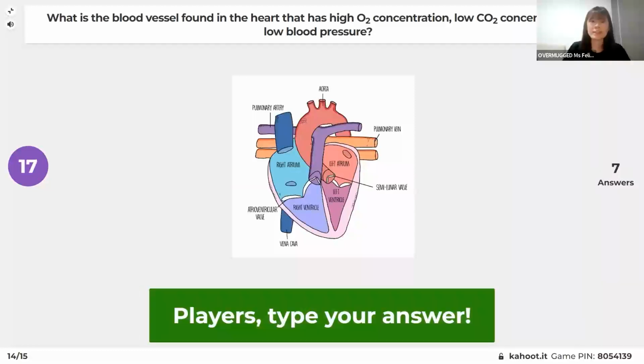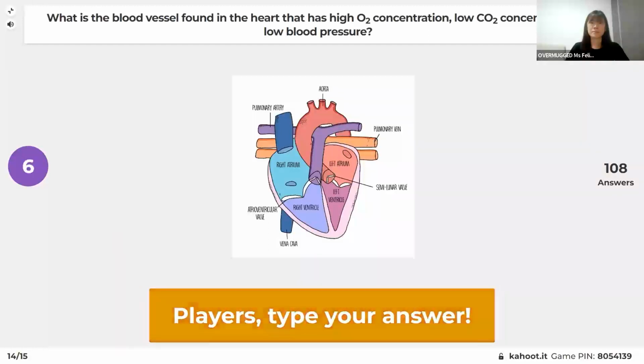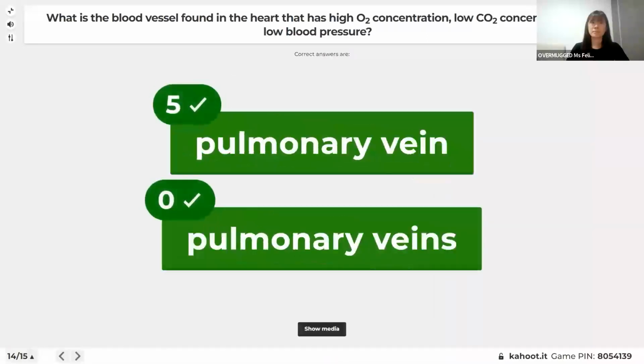The answer is in the picture. So the answer is pulmonary vein.